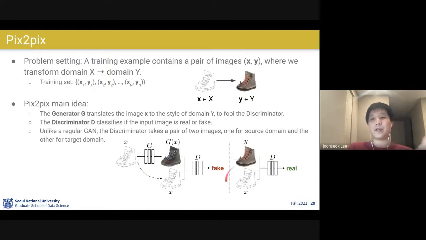If it's coming from the X-like image, it says fake, or 0. But the generator will try to fool the discriminator by drawing a real-like image from this X domain sketch. If it really looks real, the discriminator will be fooled. So G maps the image in domain X to domain Y. We are using the same idea as GAN, applied to this paired data.